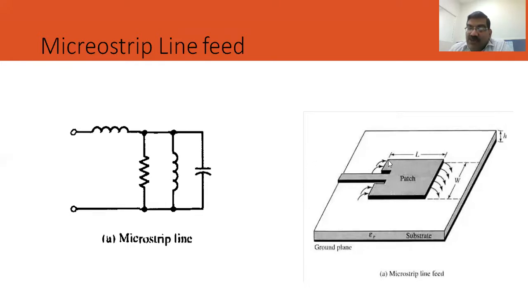So this square patch is actually your antenna, and this is your substrate. Okay, this is your substrate, and this is your ground plane.